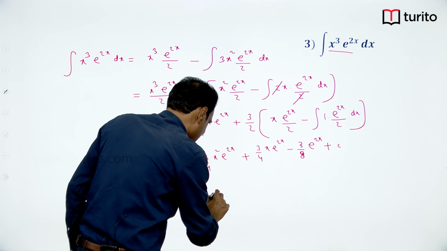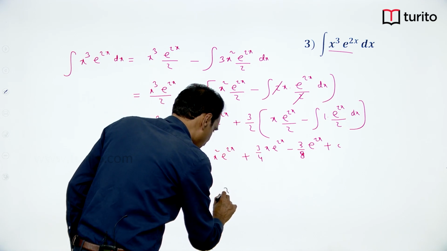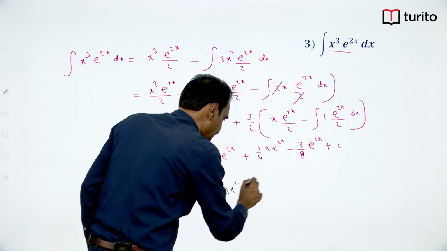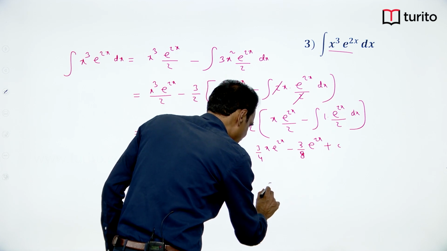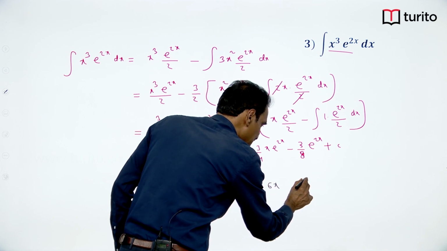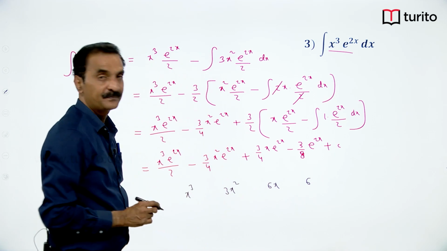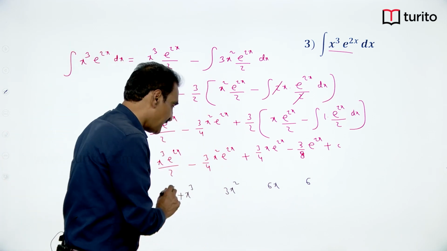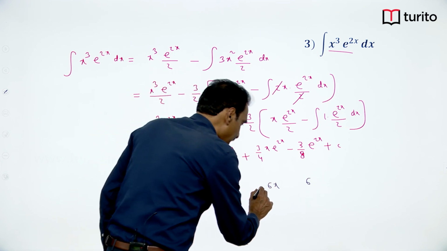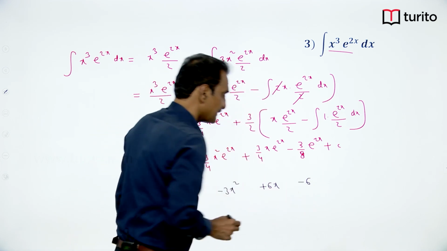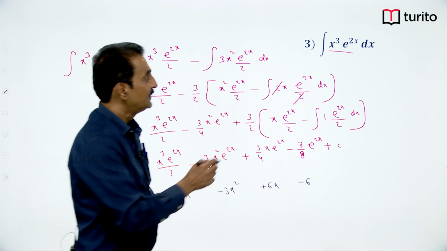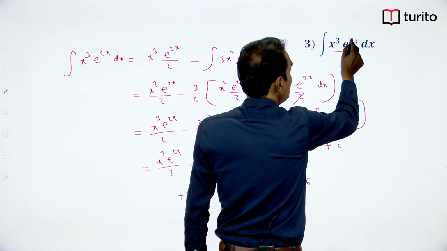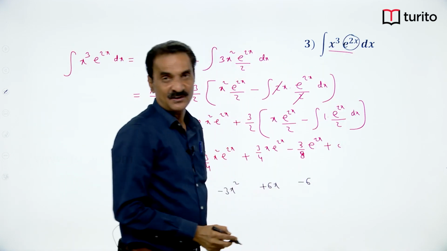What is the derivative of x cube? 3x square, again differentiating 6x, again differentiating 6. Then starting with plus sign, plus, minus, plus, minus. Then you should go on multiplying by the integrals of the second function.